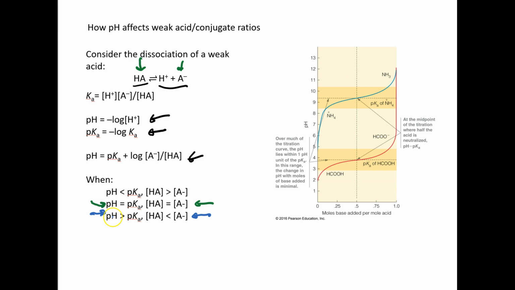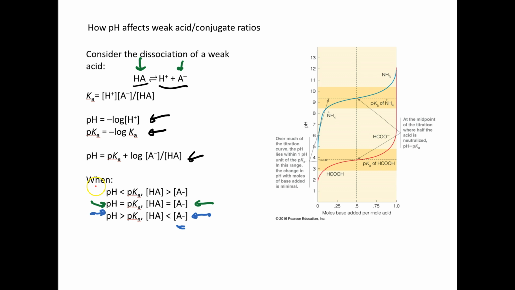Once again, when pH is higher than pKa, what that means is that the pH of the solution is more basic than the weak acid. So if the pH of the solution is more basic, then the acid is free to act as an acid and give its proton to that basic system. This should favor the production of the conjugate base.